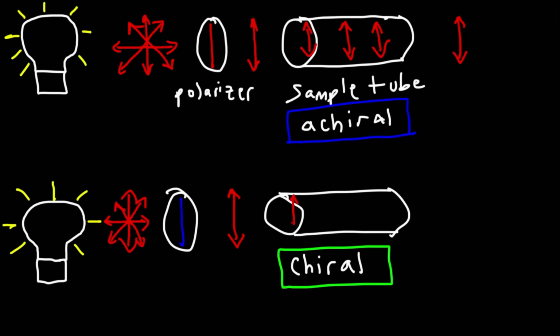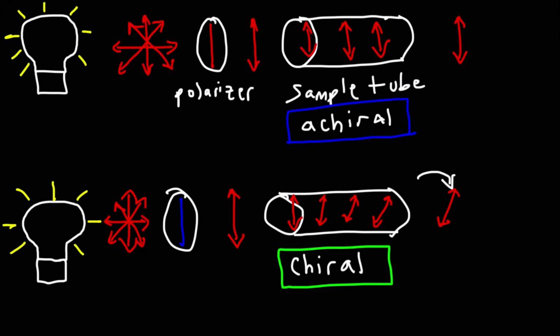As the light passes through, it will begin to change direction. When it emerges from the sample tube, it's not going to be at the same angle as before. Notice that it rotated by some degree. Maybe it rotated 15 degrees or 20 degrees, but there was some rotation here.